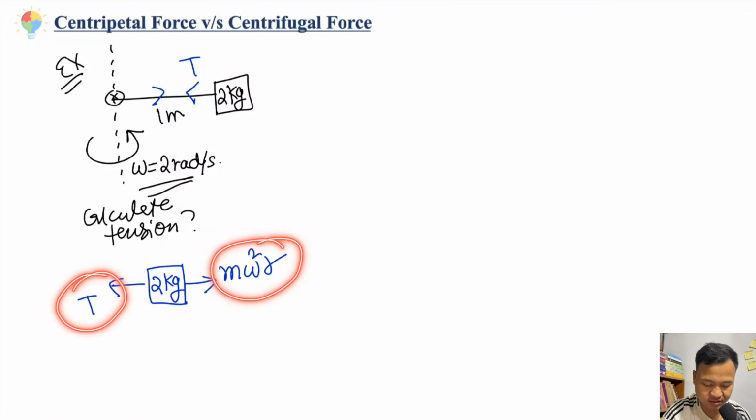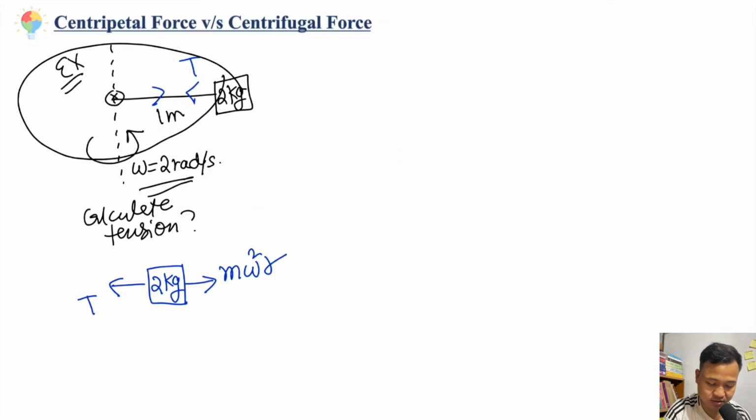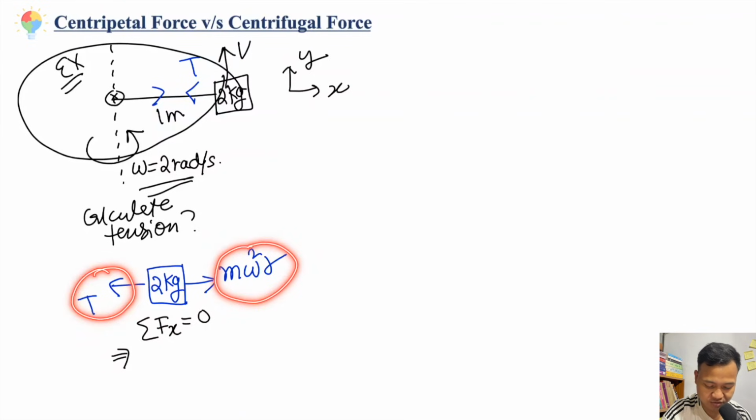On this side you have T, the tension force, which is the centripetal force. So here you apply net force 0. Along the X, there is no net motion, so Fx equals 0. They cancel each other.